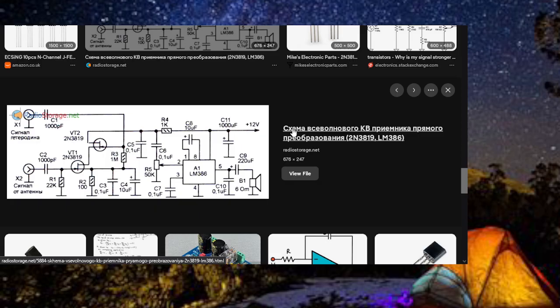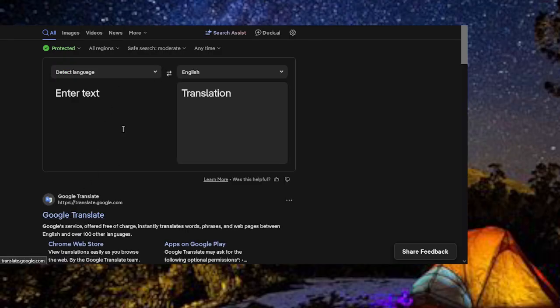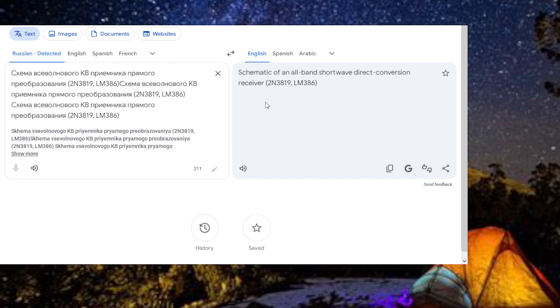What is this here? Schematic of an all-band shortwave direct conversion receiver. Really?